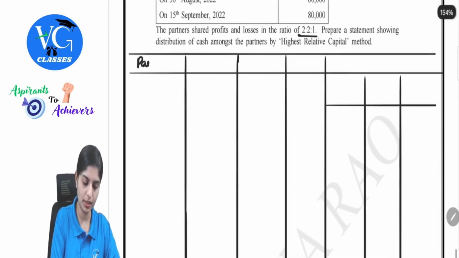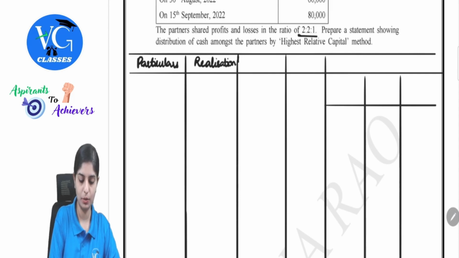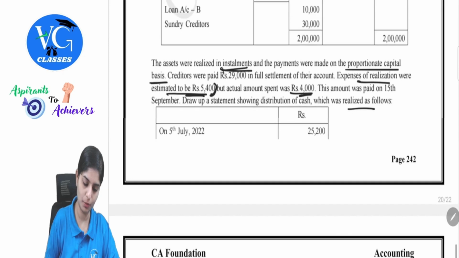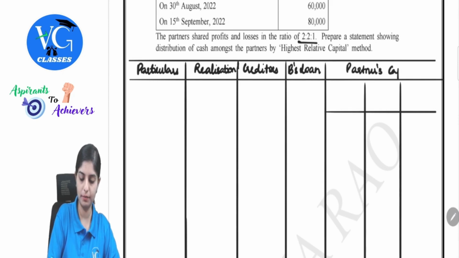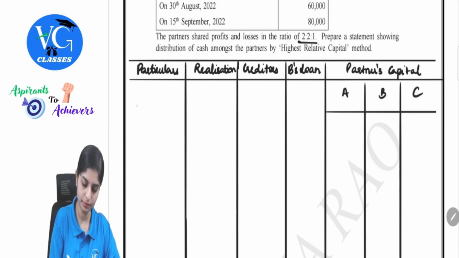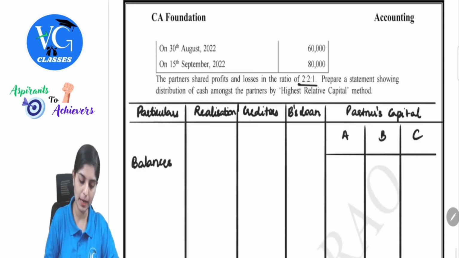Particulars, realization. We had creditors. Then there was B's loan, partners capital, A, B, and then C. So first, let's write down the balances.